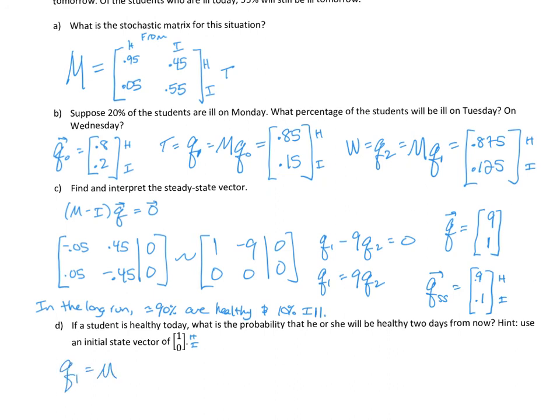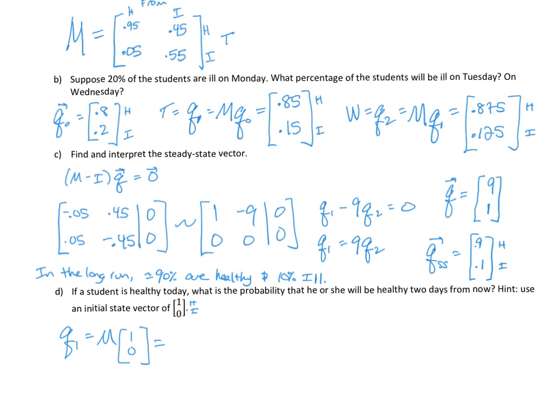Do my M times 1, 0. This will be easy to do in my head, so maybe I'll write it out. Okay, so you get 0.95. That's my first row times 1, 0, and the second row times 1, 0 is 0.05.